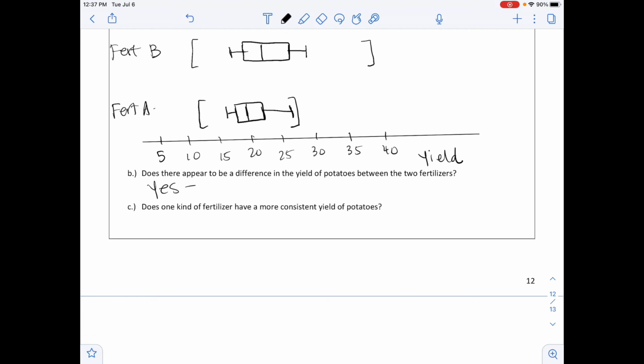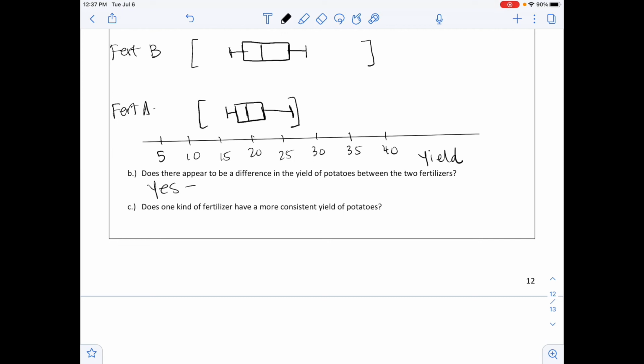And I would also say it looks like fertilizer A is kind of skewed to the right since it has a longer tail going to the right. So is there a difference? Yes. And you can put down whatever reasoning you think. You can say that the interquartile ranges are different. The median for fertilizer B is larger than that for fertilizer A. A lot of different things you can put down.